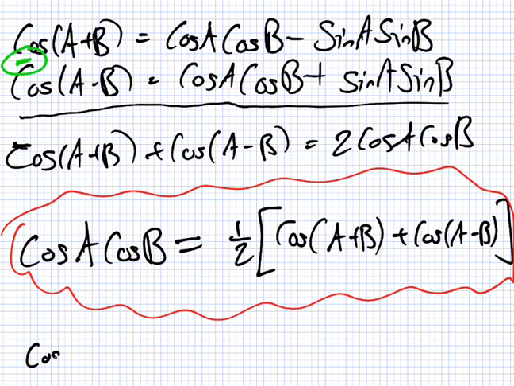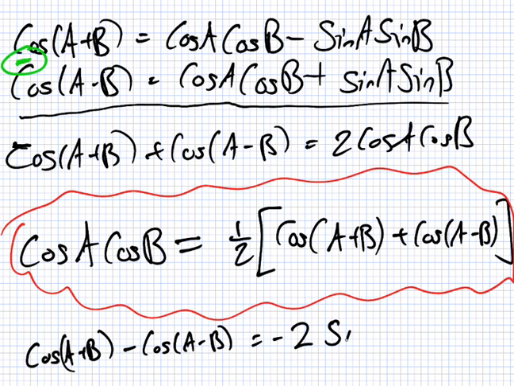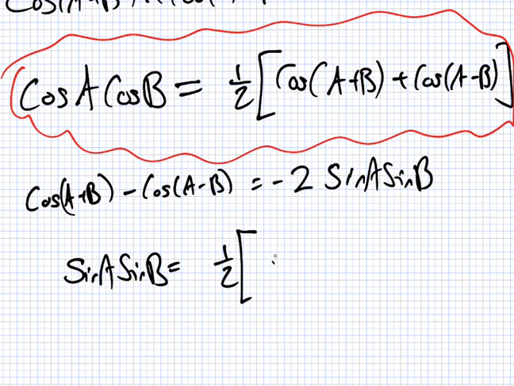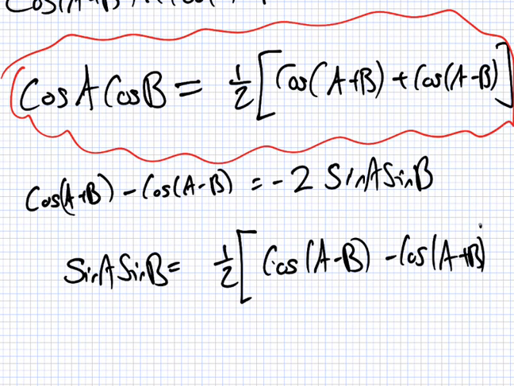here when I subtract cos A plus B, minus cos A minus B equals minus 2 sine A sine B. So we now have sine A sine B equals a half, cos A minus B minus cos A plus B. See, the minus will flip them around.